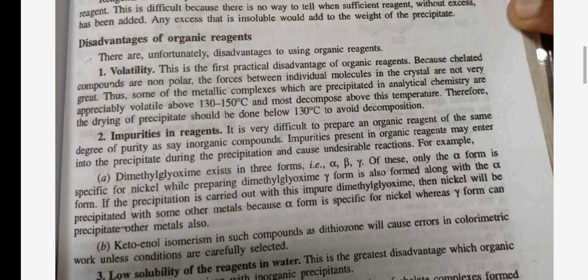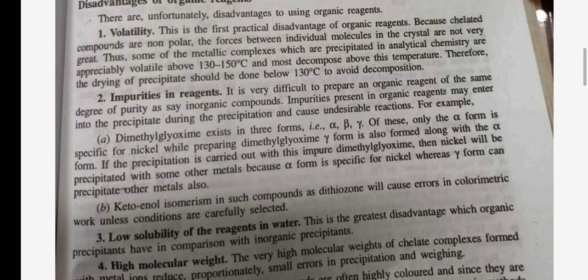For example, first one is dimethylglyoxime. It exists in three forms, that is alpha, beta, gamma. Of these, only the alpha form is specific for nickel. While preparing dimethylglyoxime, gamma form is also formed along with the alpha form.